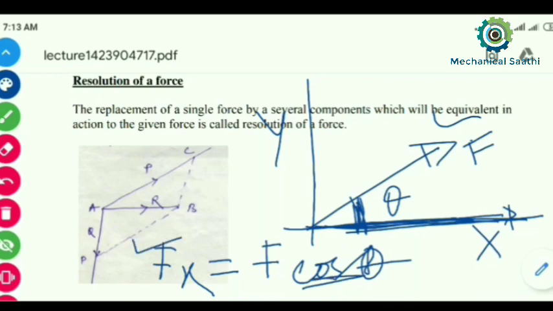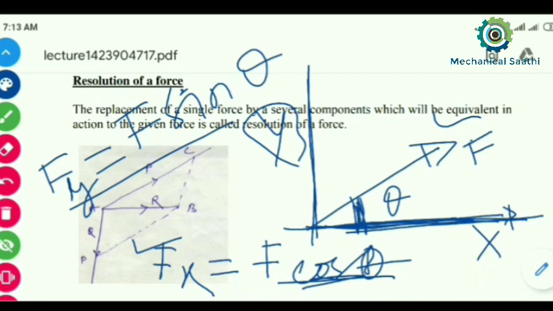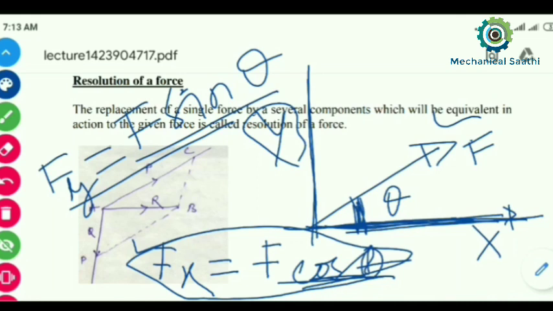So fx will be equal to f cos theta, but if the corresponding angle is not given, then we use the sine component. For example, let us consider the force along the y direction. Now we have to calculate fy. How can we calculate it? That can be calculated by f sine theta. So fy we calculate by f sine theta, and fx is calculated as f cos theta, because the corresponding angle to x is given, that is theta.